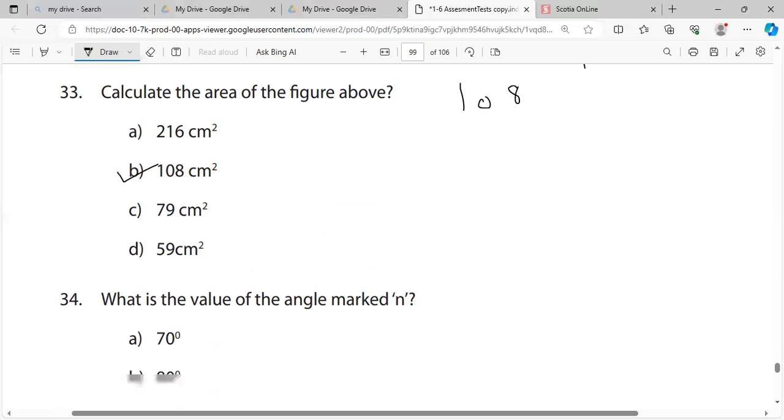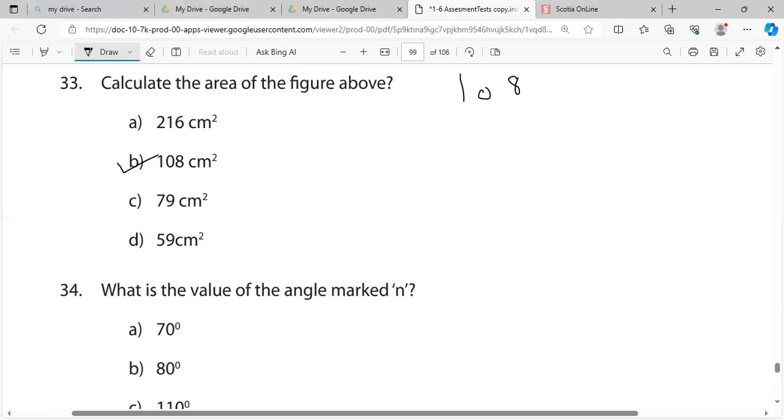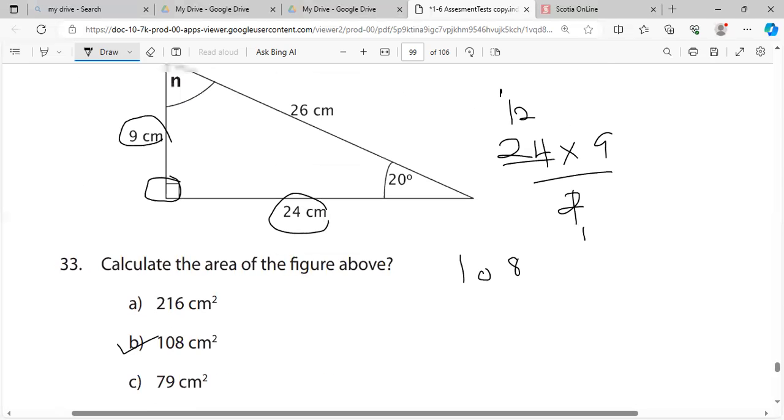Alright, let's look at 34. What is the value of the angle marked N? We have to go back up to it, and that's N, the angle marked N. So this would be right here. So what we can see, N plus 20 is equal to 90 degrees.